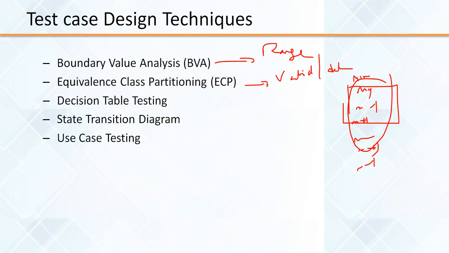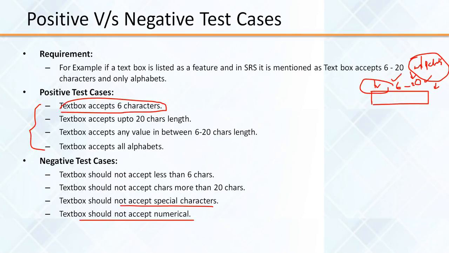Suppose in the previous scenario, 6 to 20 characters are allowed, that's the range. But we do not need to test 1 to 5, and again 6 to 19, and 21 onwards. We don't need to test all the numbers. We will take only 6 parameters. 6 is the minimum, 20 is the maximum. We check the minimum, we check the maximum, and just one value before the minimum.